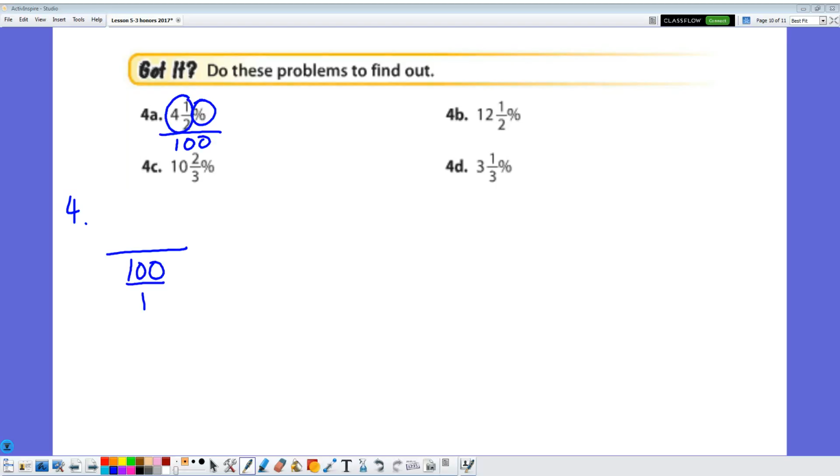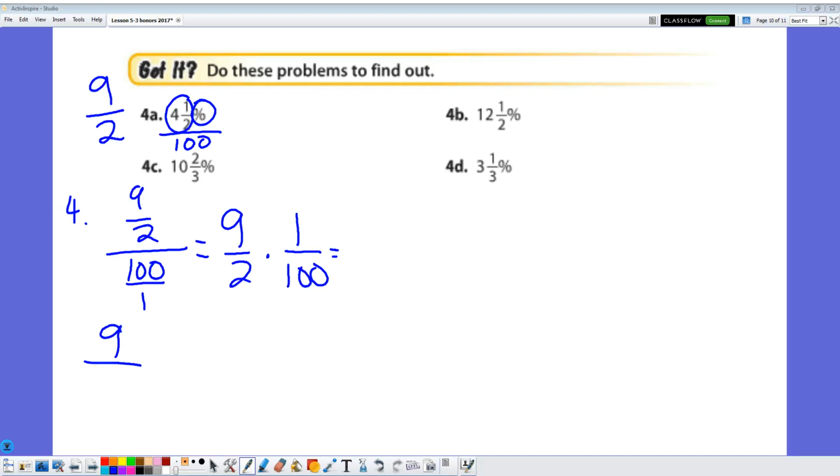And 4.5, and we did this in the last problem, is really 9 over 2. And I'm going to do the same thing. I'm going to do keep, change. And that comes out to 9 over 200. And I cannot simplify it at all, so my answer would be 9 over 200.